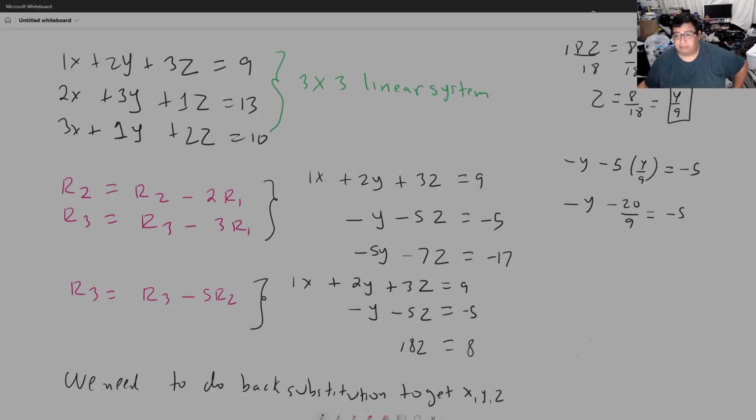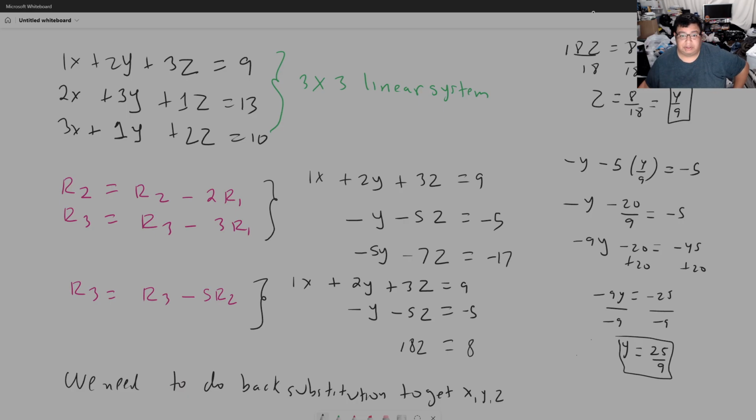We can get rid of this 9 by multiplying everything by 9, so that would be negative 9y minus 20 equals negative 45. Now we do plus 20, so negative 9y is equal to negative 25. We divide by negative 9, so y is equal to 25 over 9. We cannot cancel, so we leave it as it is.